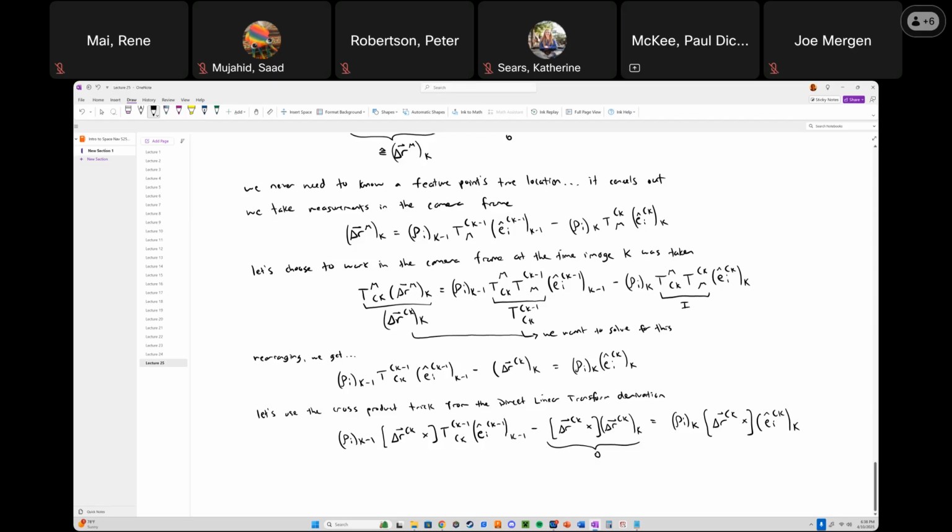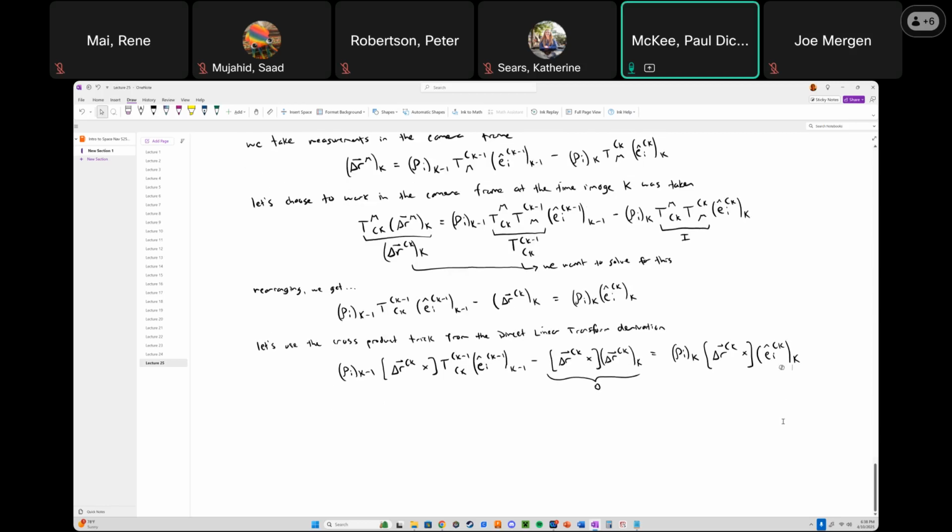Okay? And now finally, let's see here. Okay, we're going to left multiply by this EICK, if that makes sense. So the three vectors in question, right? We've got the amount that the spacecraft moved, we've got the vector from the spacecraft at one time to a point, and a vector of the spacecraft at a different time to the same point.